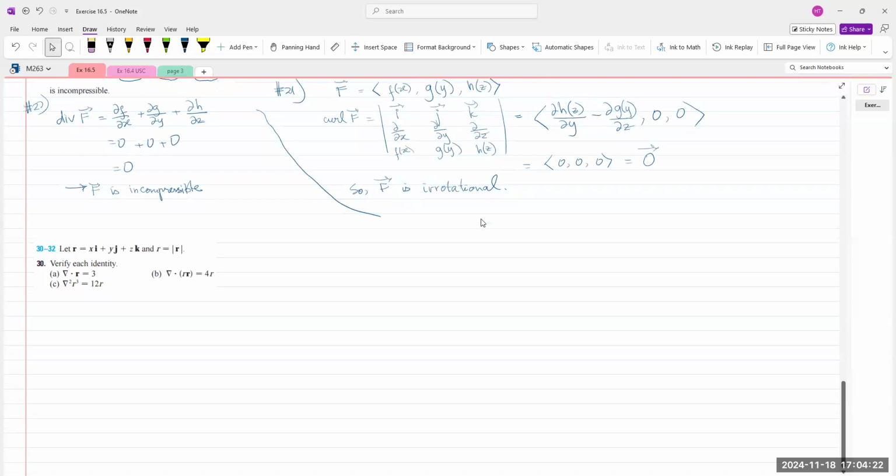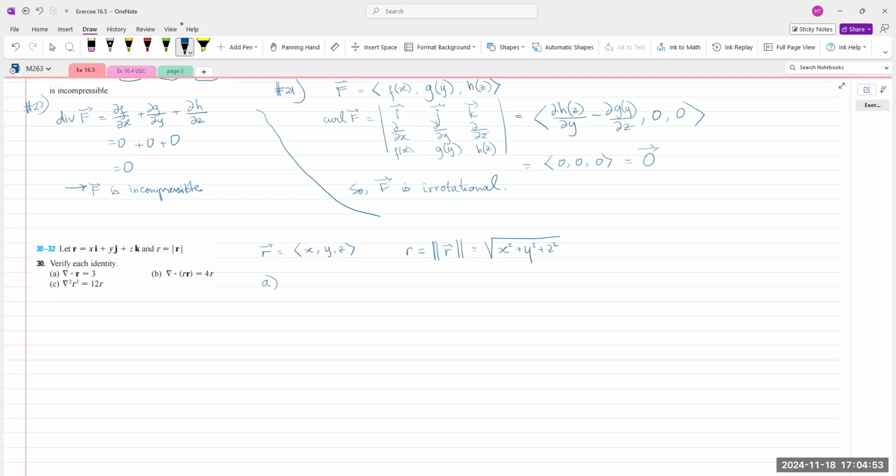Number 30, verify each identity. We have the vector r, which is (x, y, z), and r without the arrow, the scalar r, is defined to be the magnitude of vector r, that is the square root of x² plus y² plus z², right?